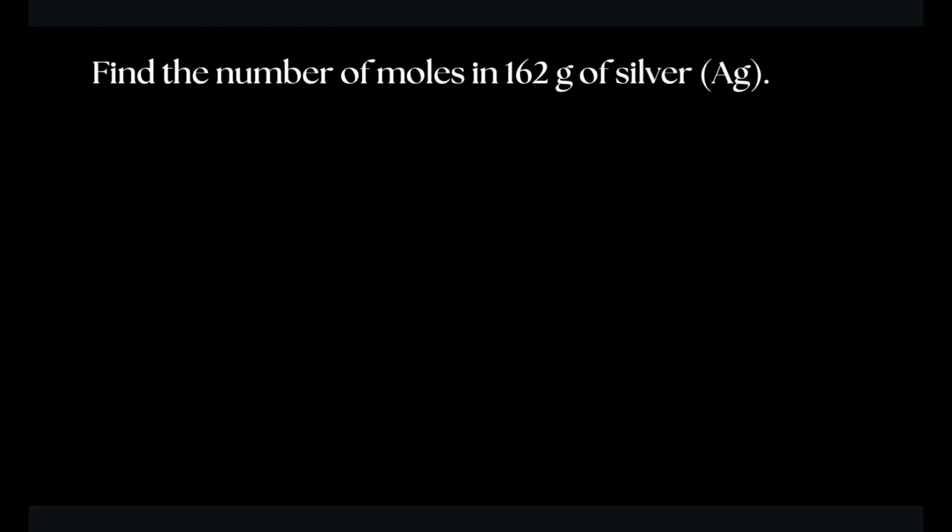If we remember our dimensional analysis, the first thing we do is start with what is provided to us in the problem. In this case, we are provided 162 grams of the silver. So this will be 162 grams of the Ag.